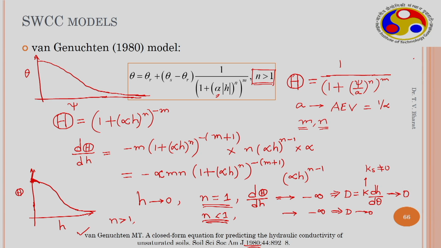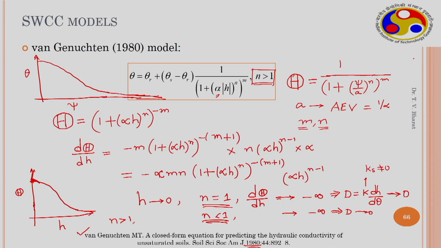All these models are very simple. One can generate different curves by varying the model parameters like a, m, n. You can assume some values for these parameters and play with this on a spreadsheet, and you will understand how each parameter influences the nature of the SWCC curve.